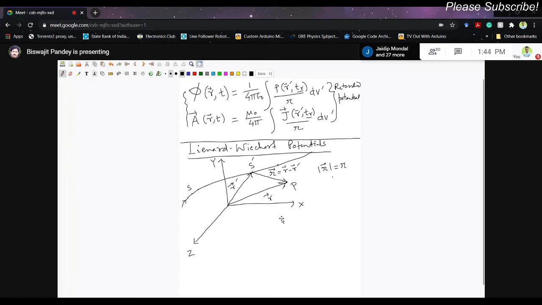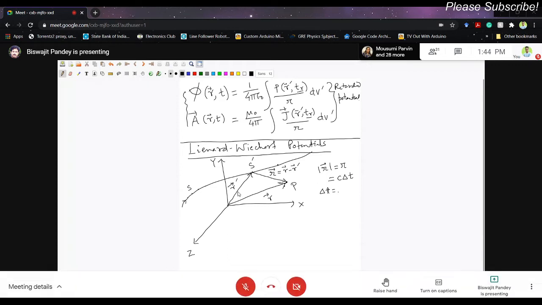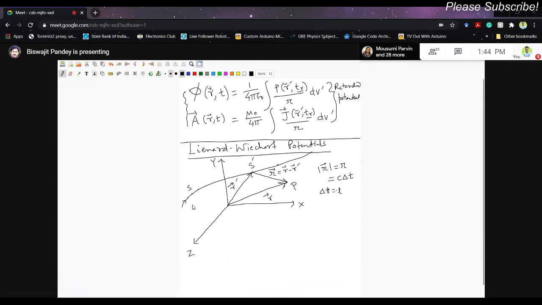This curly r is nothing but c times delta t. And what is delta t? Delta t is the time separation. If the time here is t and here the time is tr, then since t is larger than tr, delta t is simply t minus tr.